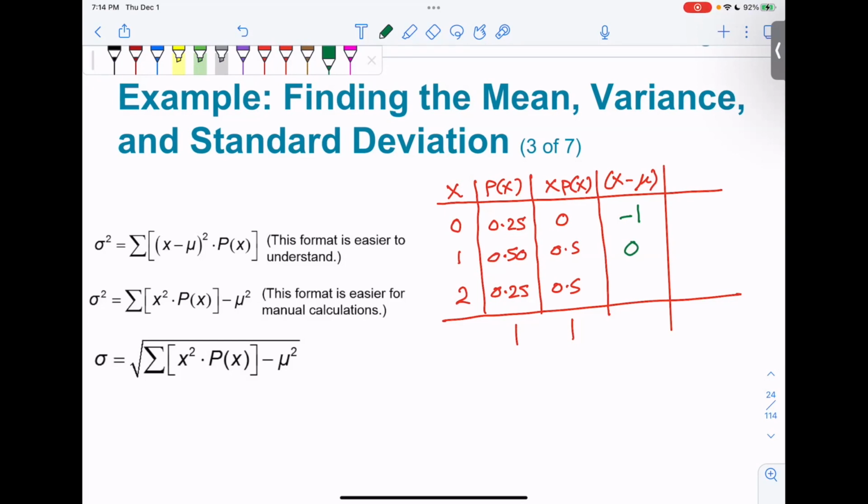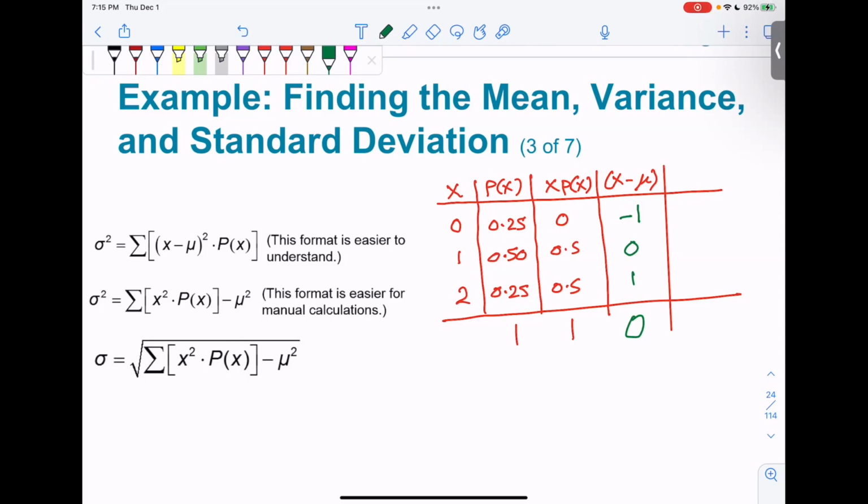And then 2 minus 1, 1. The summation equals 0 all the time. That's the reason why we square this value: when we calculate just the distance from each single value to mu, we get 0.